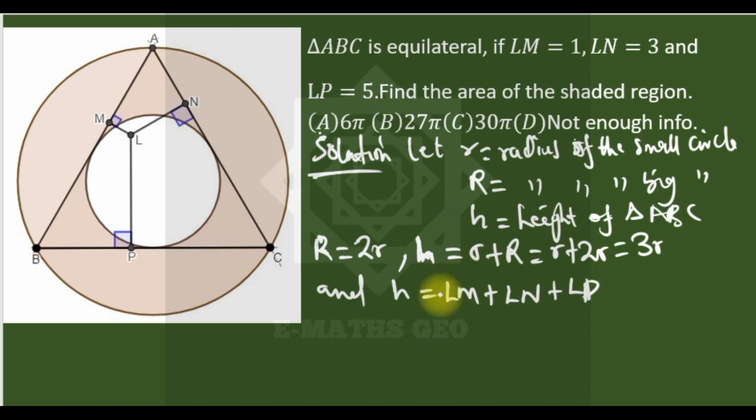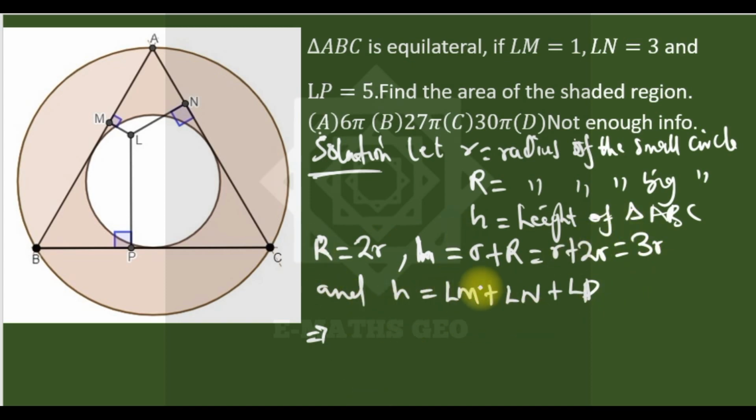So with that, we've solved the equation already, because if we use all these relationships, we can see that the height is 3r, and the height is also LM plus LN plus LP. Maybe let's just solve the equation first, and afterwards I will prove how I got these formulas.